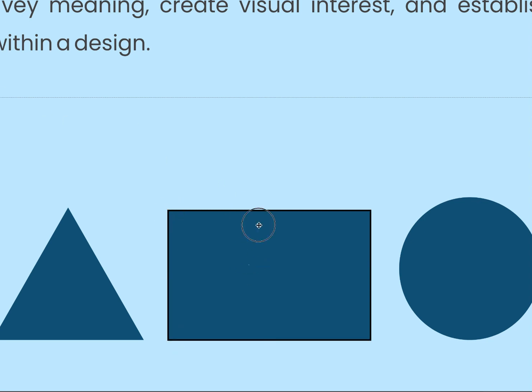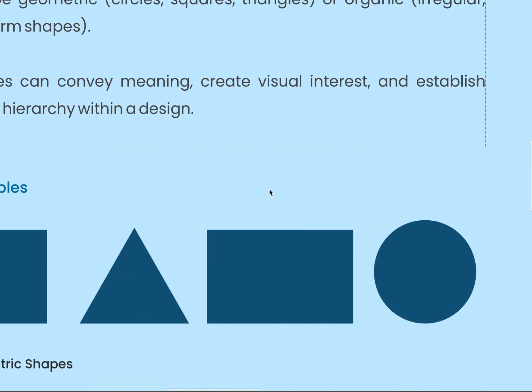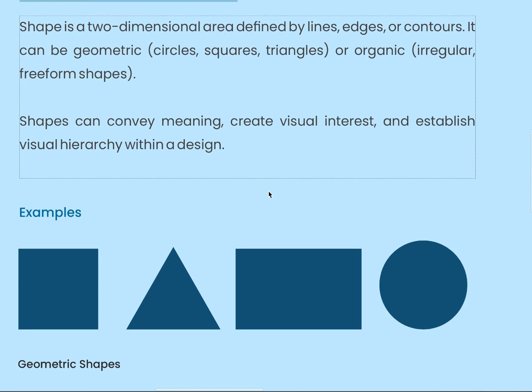So shapes are two dimensional and are defined by line, edge and contours.